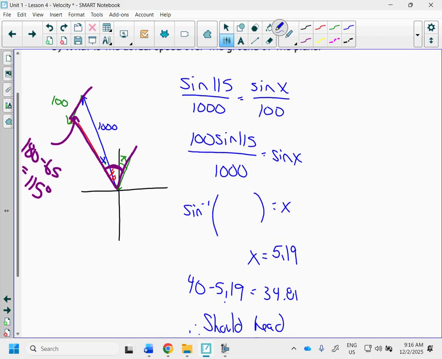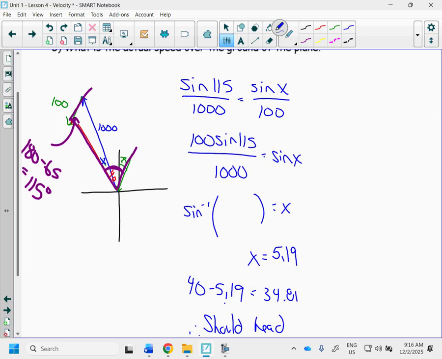What is the actual speed of the plane over the ground? So remember, it was flying the blue line at 1,000 kilometers an hour. Where does it end up? It ends up on the red line. That's a resultant. Okay, I can find that by matching up things that go together again. Another sine law question. So I still have this 115 and 1,000. I got to find the other pair that goes with r.